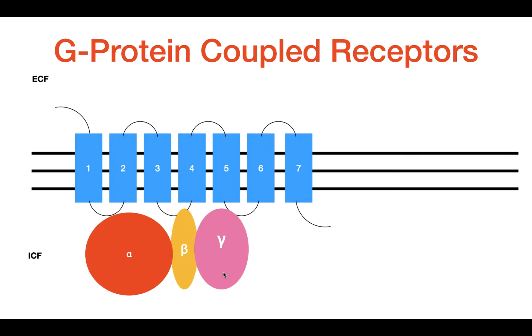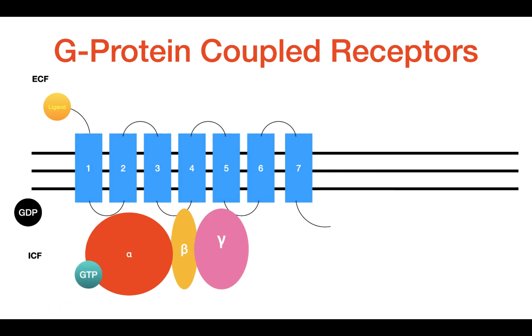Now, the alpha subunit in its inactivated state is going to be bound to GDP. And when a ligand comes in and binds to the receptor, it'll cause a conformational change to go throughout the whole receptor into the proteins, and it will cause a conformational change in the alpha subunit, which will decrease the affinity of the alpha subunit for GDP, causing it to dissociate, and in its place will come GTP.